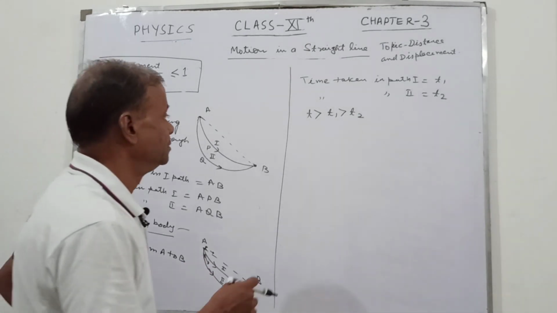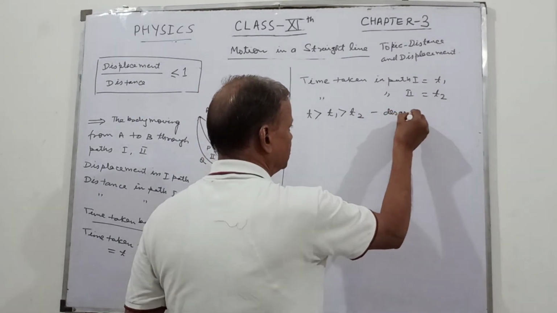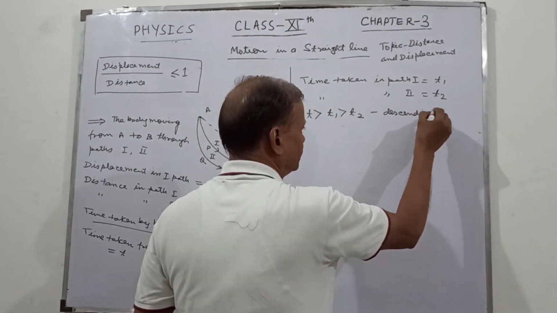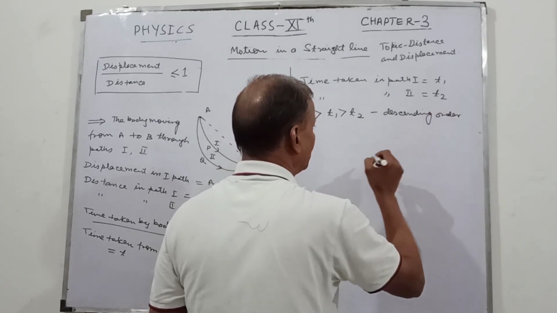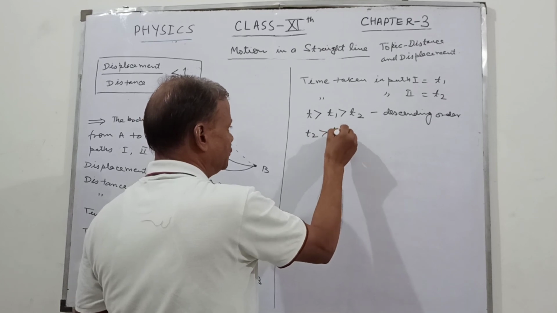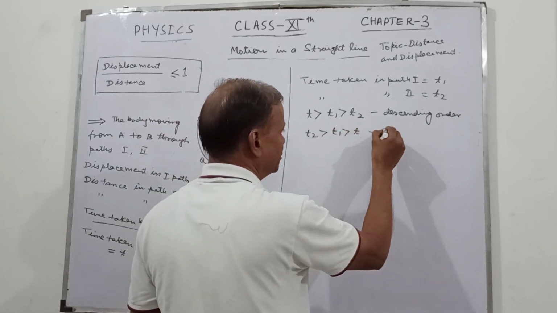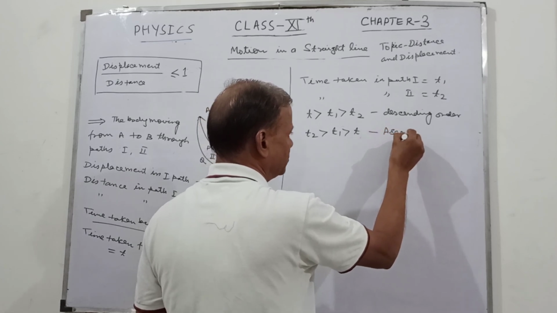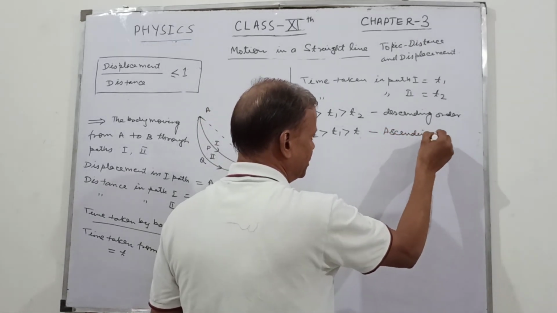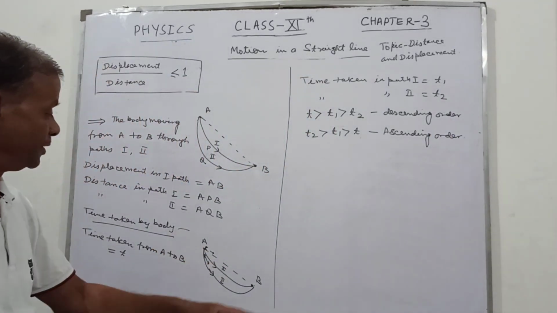So this is the descending order. Or we can say that T2 is less than T1 is less than T, then this is the ascending order. So time taken along the straight path from A to B is maximum.